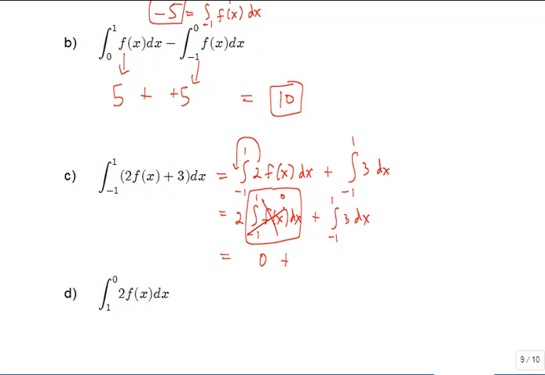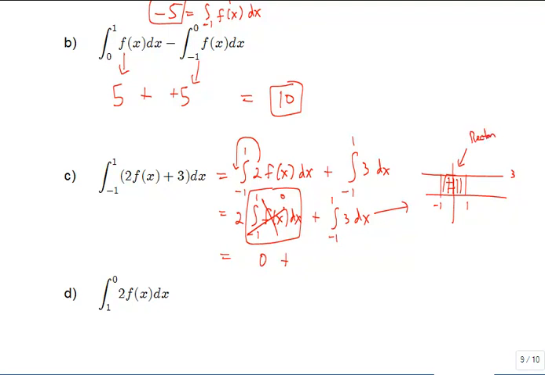And this one we can figure out geometrically because this represents the area under the curve f of x equals 3. Well, what kind of function is always 3? That's a horizontal line, the constant function. And this is asking for the area under that from -1 up to +1. And what shape is that? That's just a rectangle.